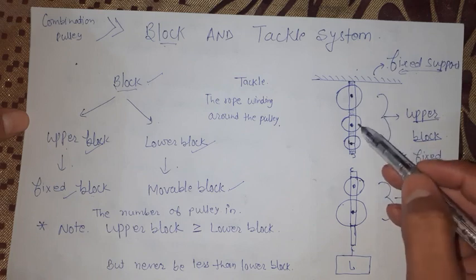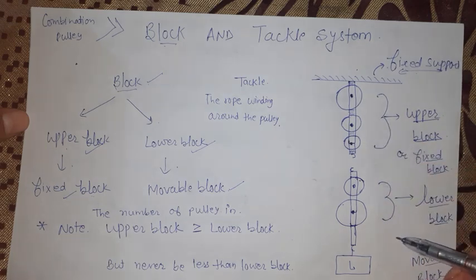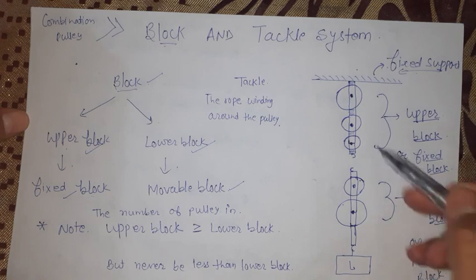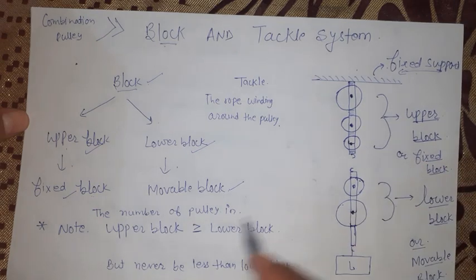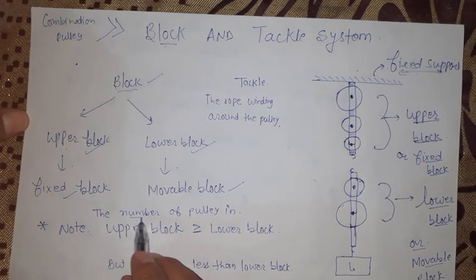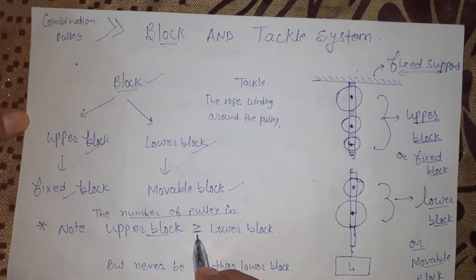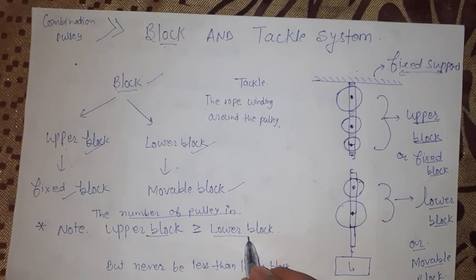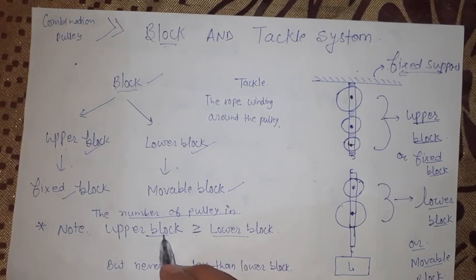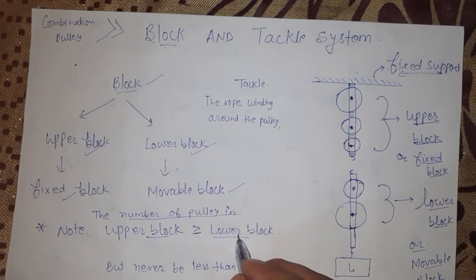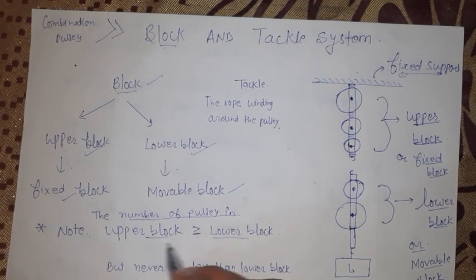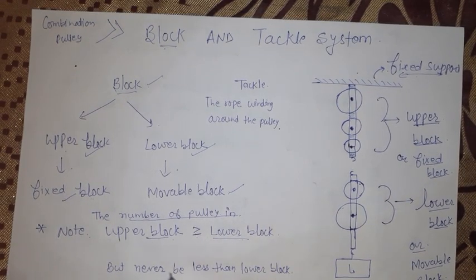Now you will find one more thing: always, the number of pulleys in the upper block will be greater than or equal to that of the lower block. There can be only two situations: the upper block has the same number of pulleys as the lower block, or it has more, but never fewer than the lower block.